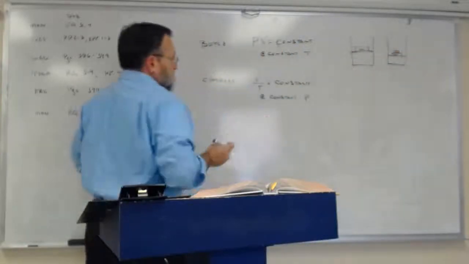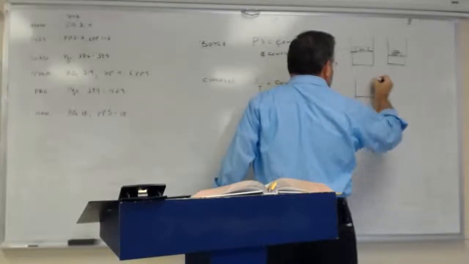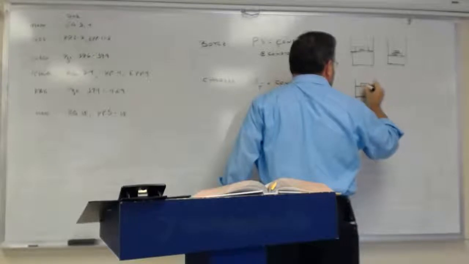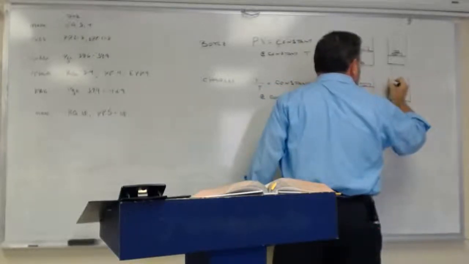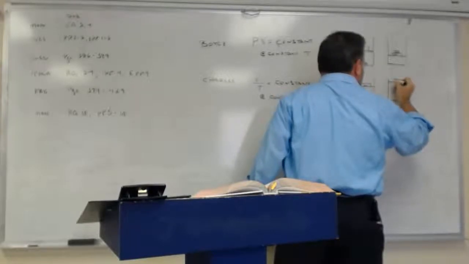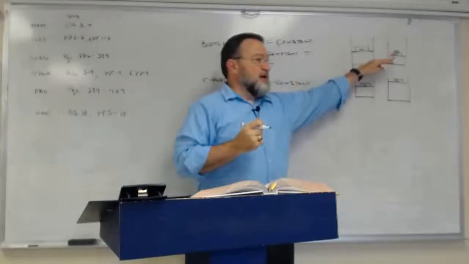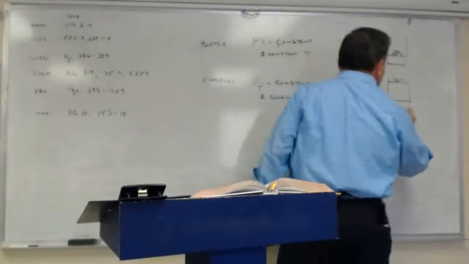In Charles' law, the volume divided by the temperature is constant. How I visualize that is I have the same force pushing down on the volume of gas. But this one over here, I've increased the temperature.